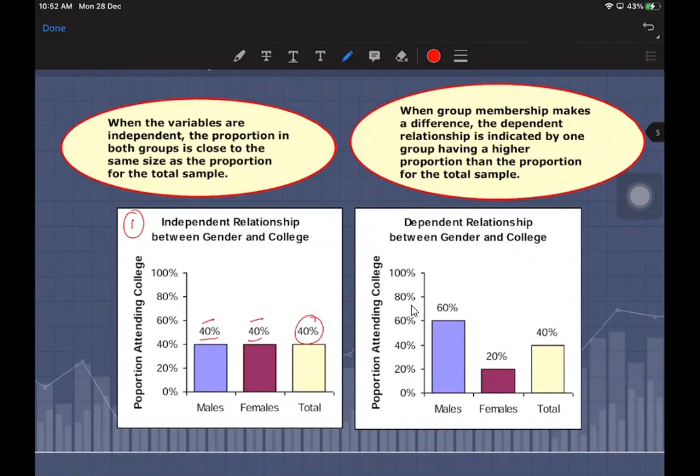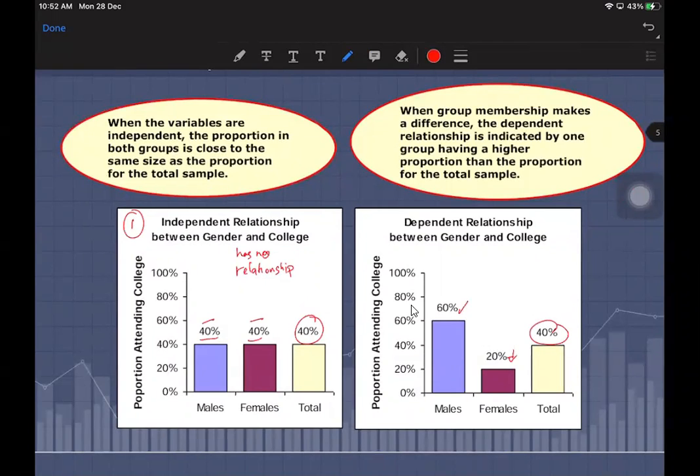Meaning to say, gender has no relationship with college attending. But another example here, total 40, but male is higher compared to female.